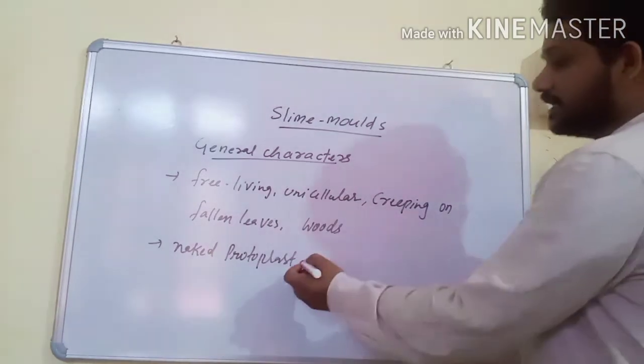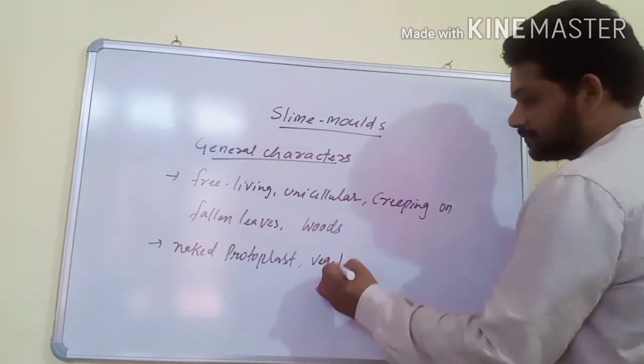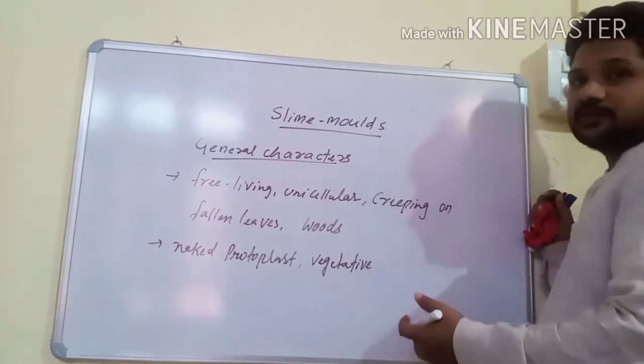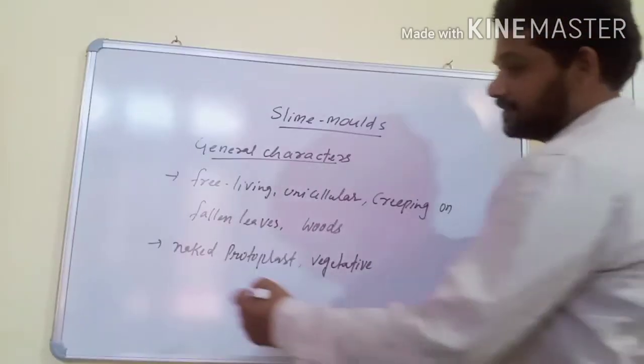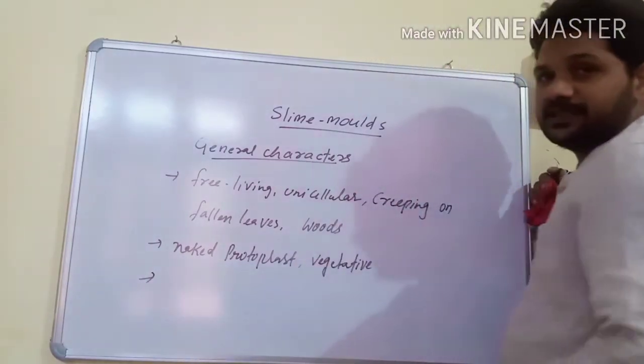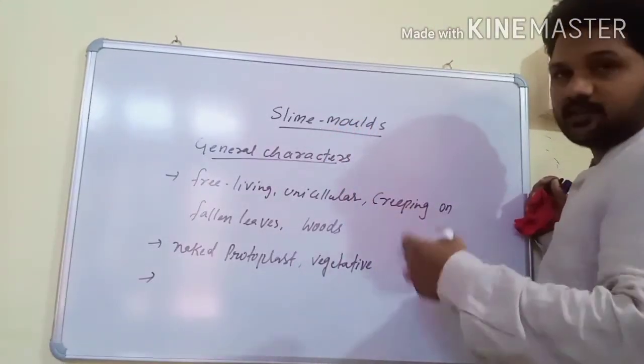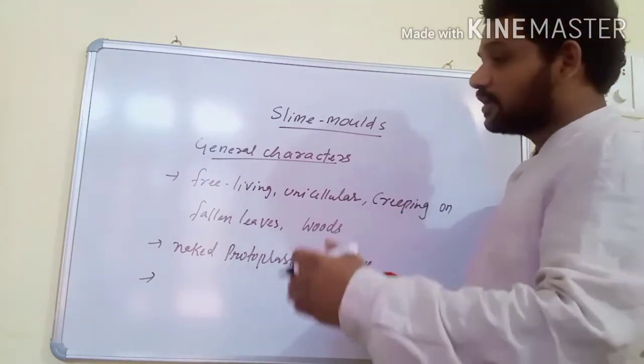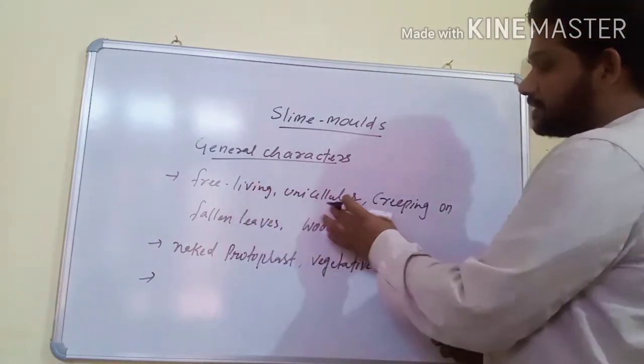In the vegetative stage a cell wall is absent, but in the reproductive stage a cell wall is present. During favorable conditions, they creep along fallen leaves and fallen woods.